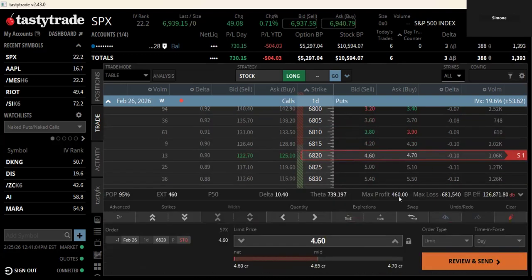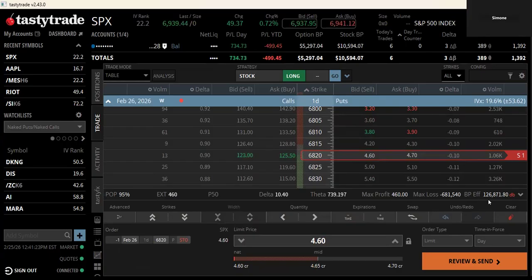Now I'll bring in $460, but look how much money I have to put up: $126,000. I don't have that kind of money in my account to make $460.